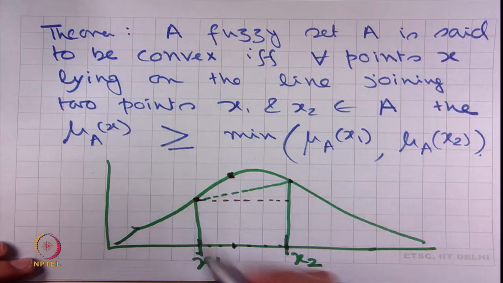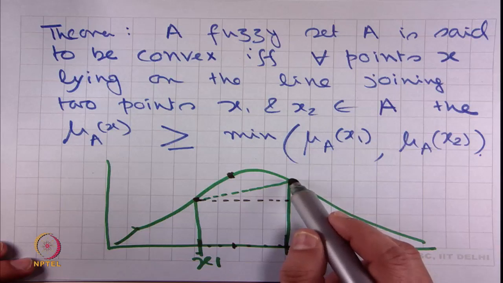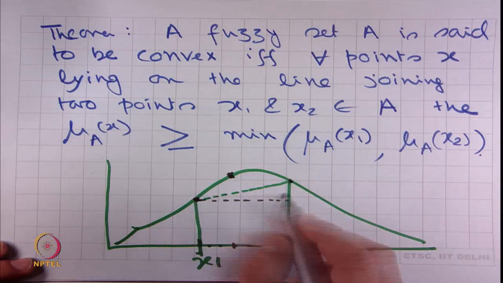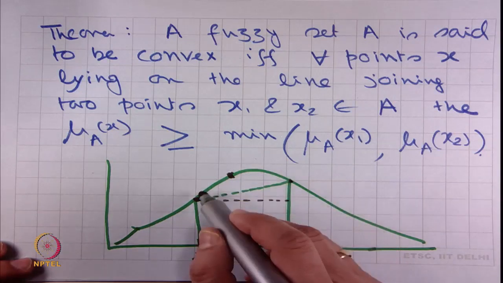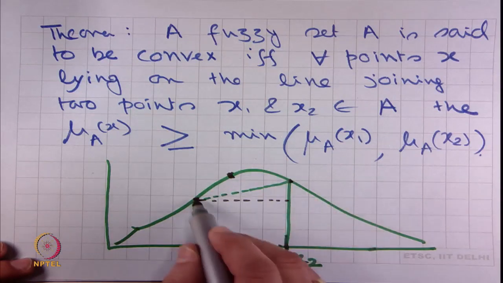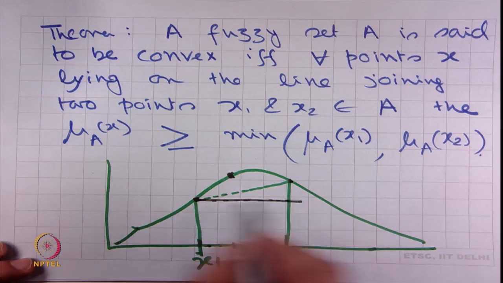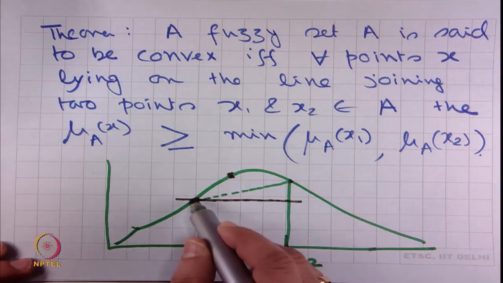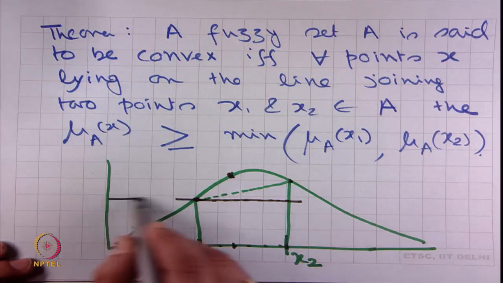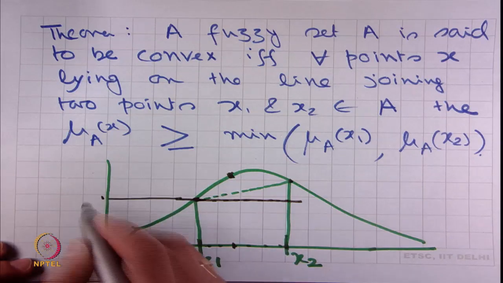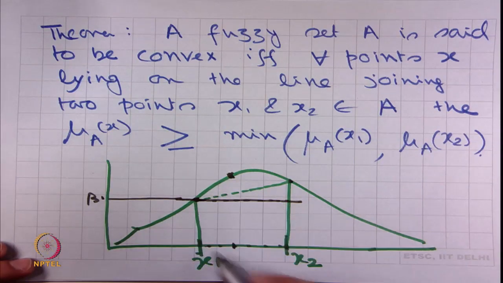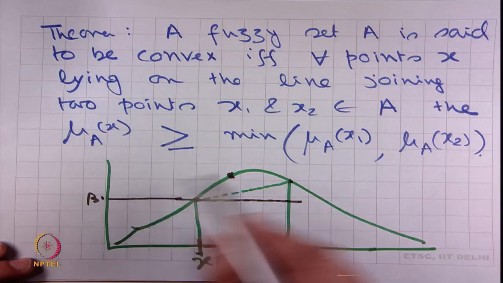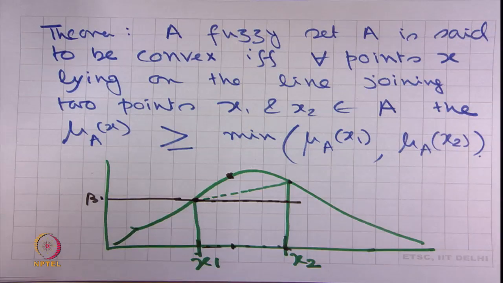Since in this case membership of x 1 is smaller than membership of x 2, we will look at all the points and we can easily see that their membership values are more than the membership of x 1 to A, which is equal to say this point, let us call it say beta. So, for all these intermediate points the membership value is greater than beta.